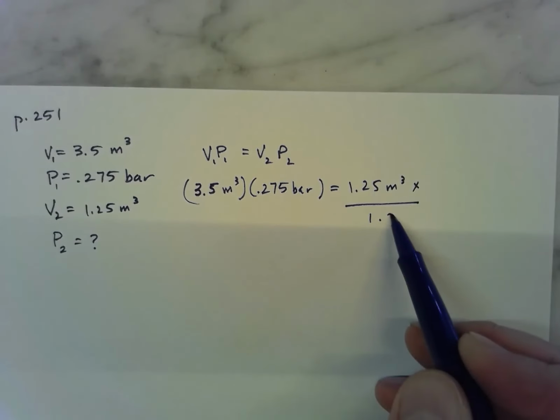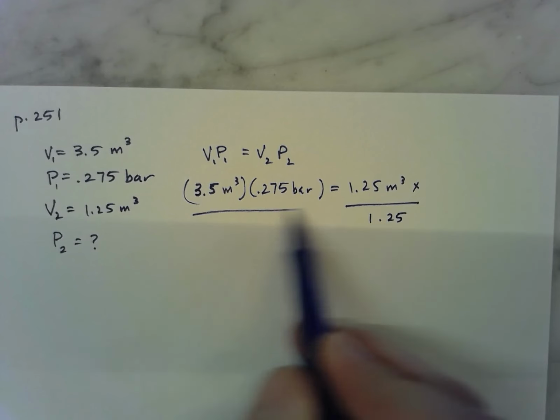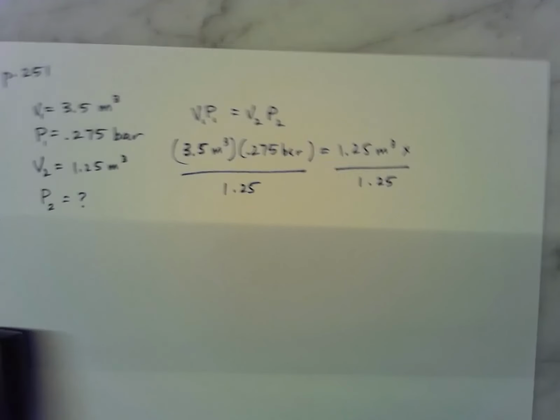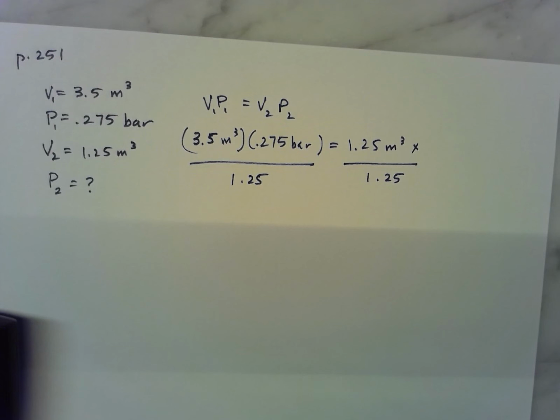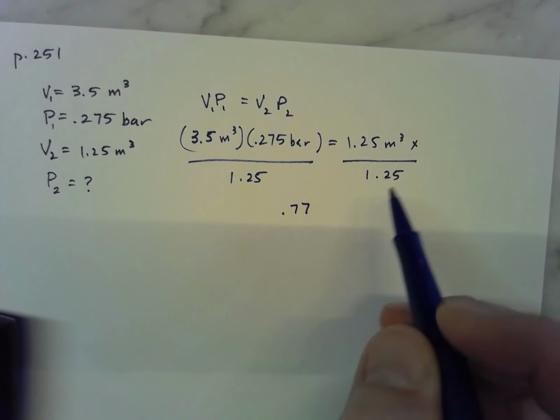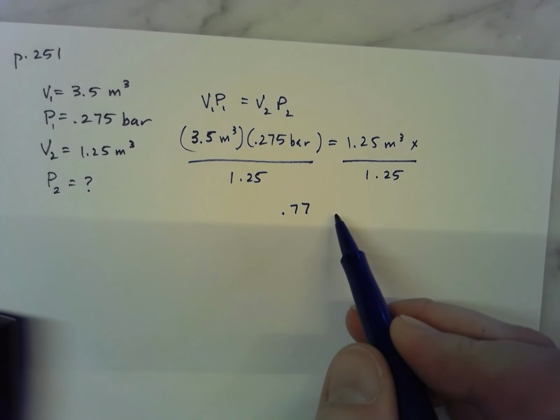Divide both sides by 1.25. And so we should get 0.77 bar.